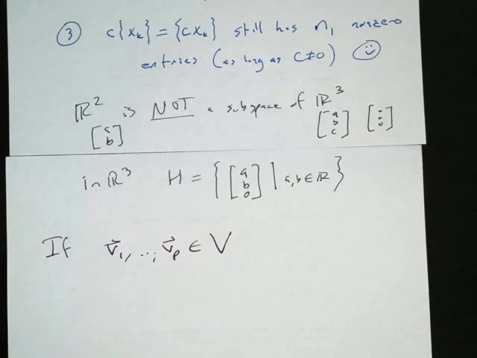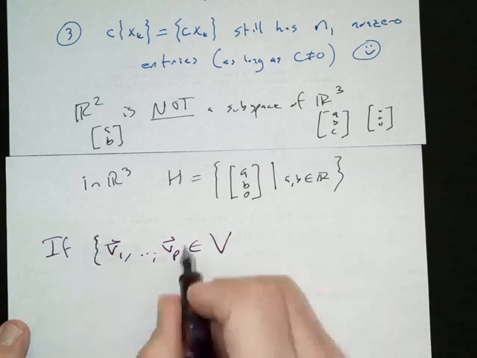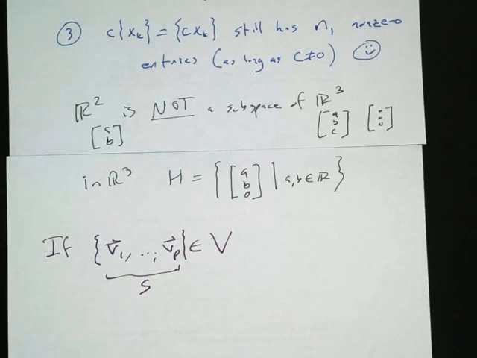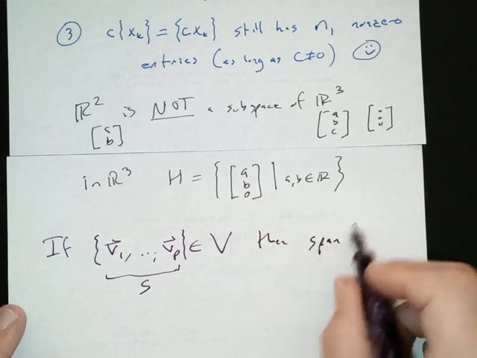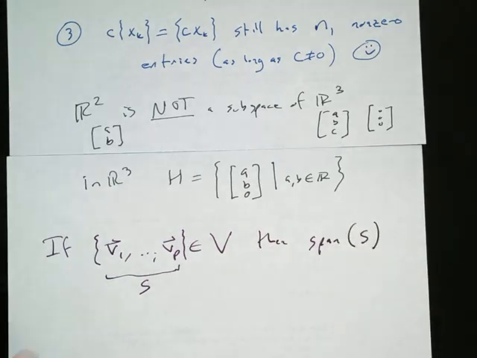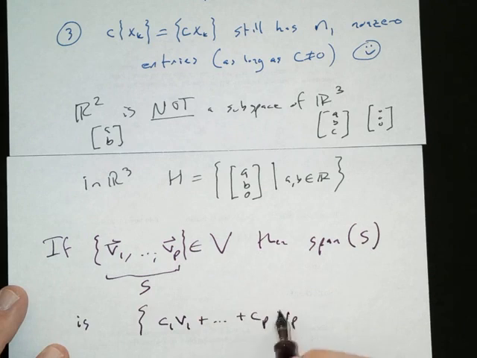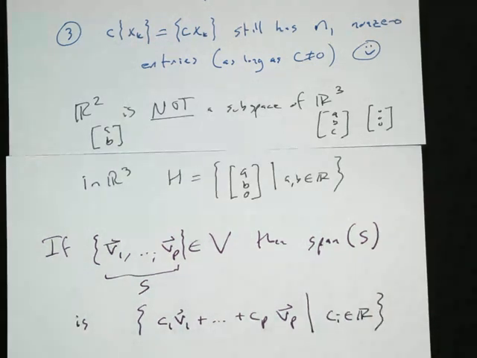Suppose we have any vector space. We take some vectors, a handful of them. Let's call this collection of vectors S, for set. Then the span of S is defined to be the set of linear combinations of the things in that set.